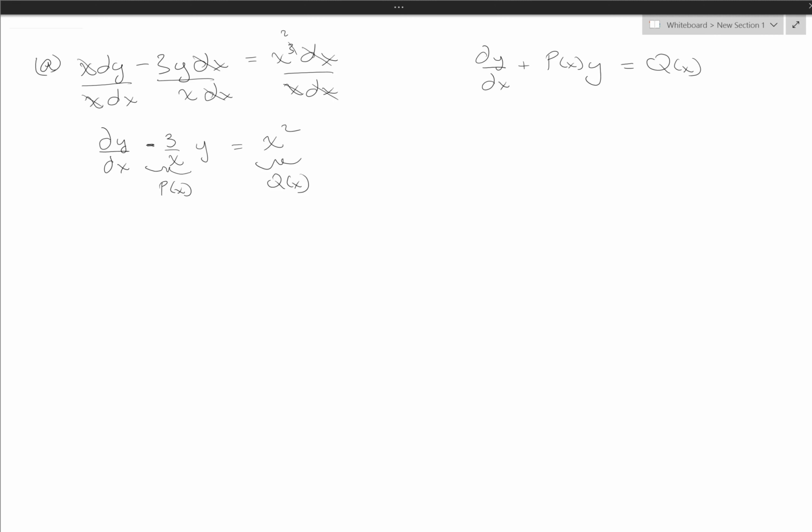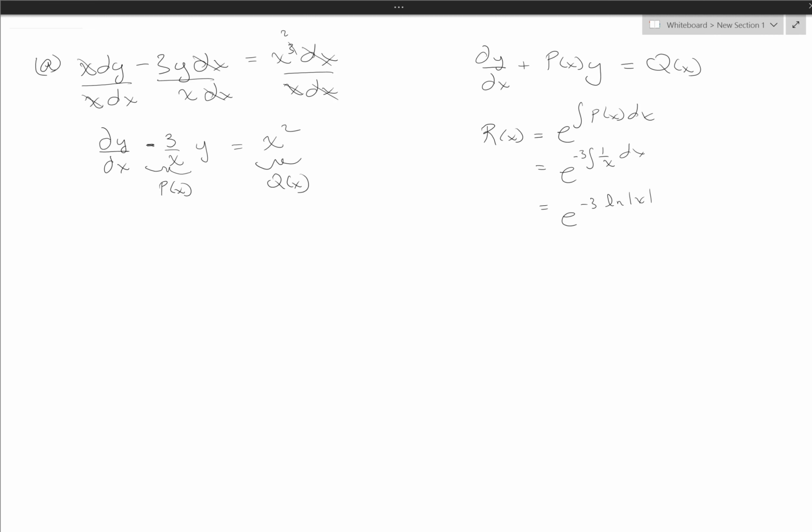And the way we solve, we said, was we need the integrating factor that would allow us to convert the left-hand side of our equation into the product rule, to equate dr/dx with p times r. So r(x) is equal to e to the integral of p(x) dx. Well, that's e to the integral of negative 3 times 1 over x dx, which is e to the negative 3 ln x plus c, but we're going to ignore the constants.